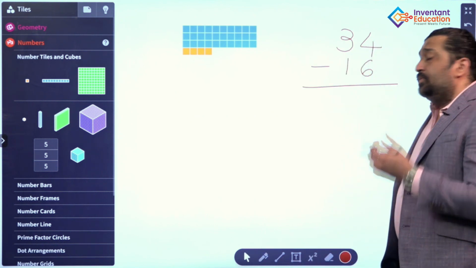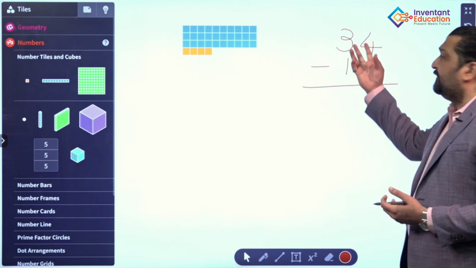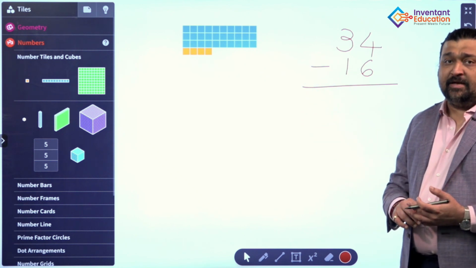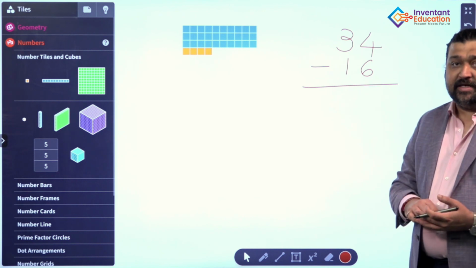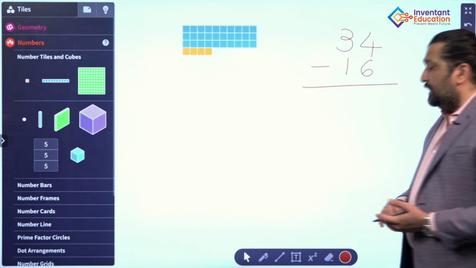Alright, now we will consider another example. Now here we are subtracting 16 from 34. So I have manipulatives which are representing the number 34. Now I am supposed to take out 16 from it. That means I have to take out 6 ones and a 10.